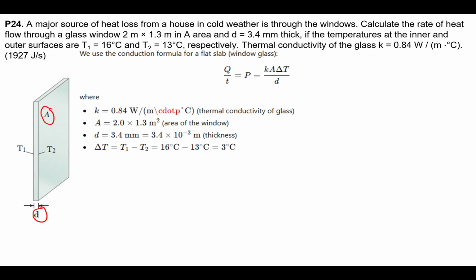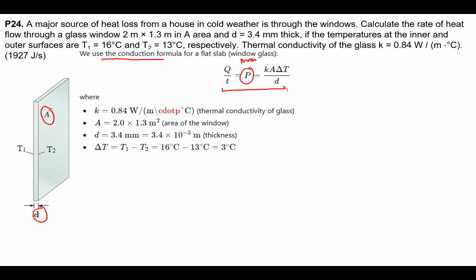Then what we have to think about is that heat transfer has three paths: conduction, convection, and radiation. For conduction, we have this formula. Here P is power, energy divided by time.